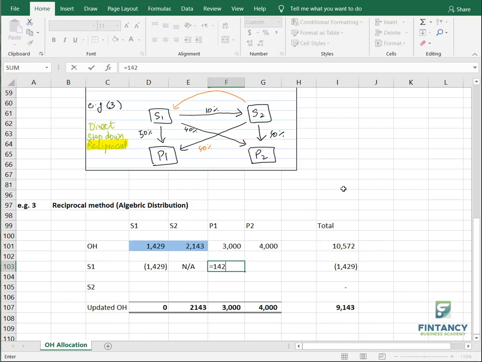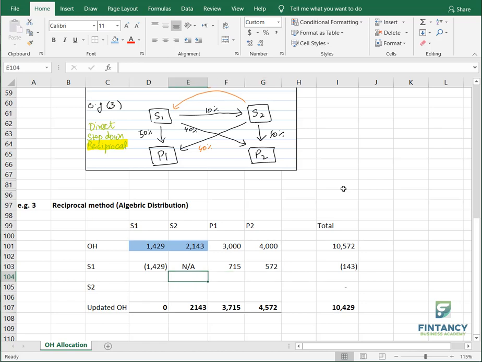So 1429 multiply by 50%. That's it. Directly. Right? I am not doing 50 by 90 like I used to do before. Remember 50 by 90, 40 by 90. No. 1429 into 40%. That's it.